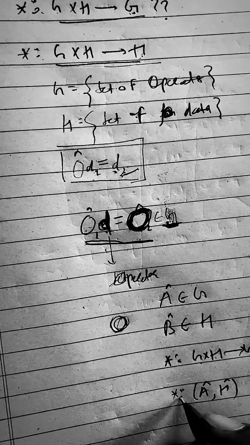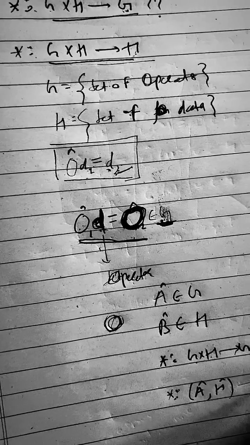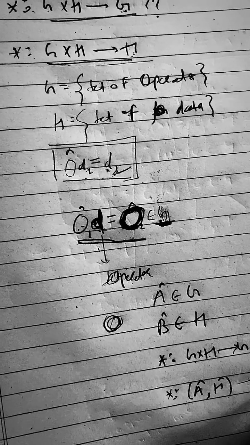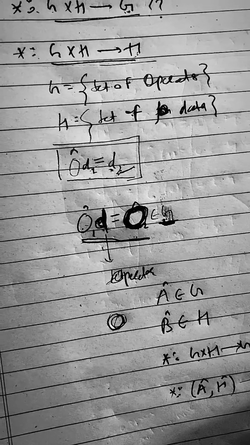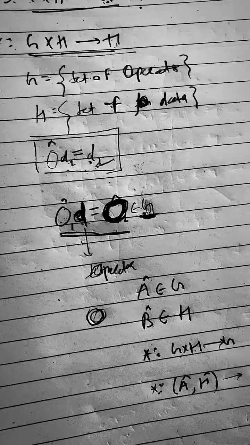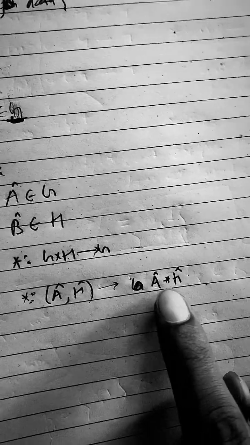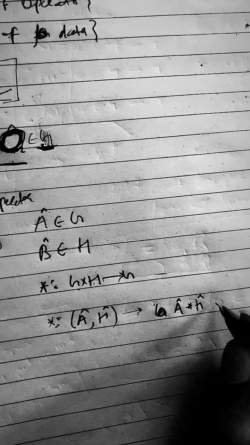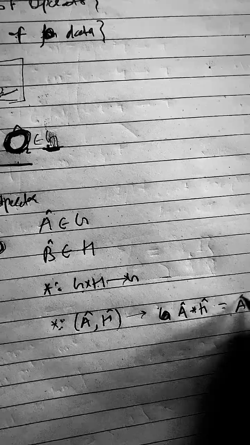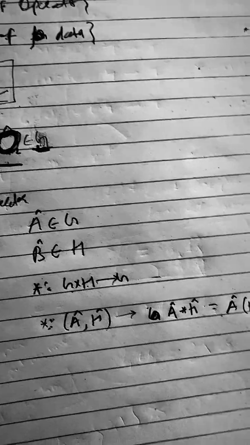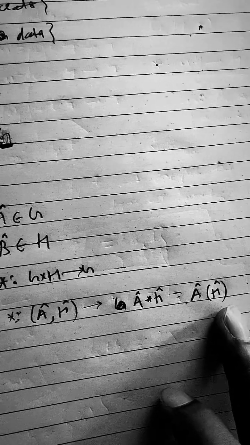And what is this star going to do? Well, it is going to produce an element of G, A star H. So what is this A star H? It is nothing but operator A acting on some operator H. And this is legitimate. It can happen.